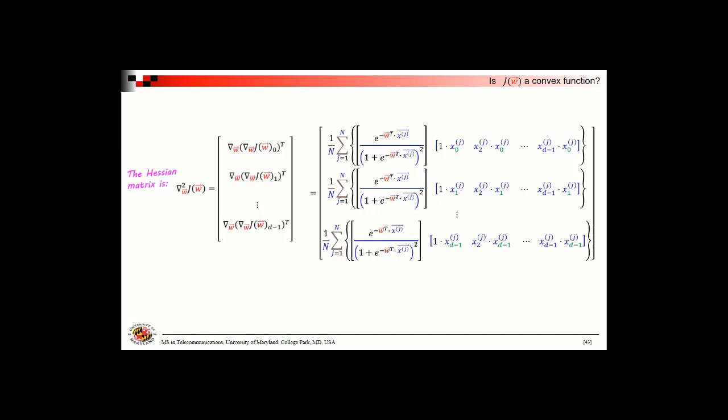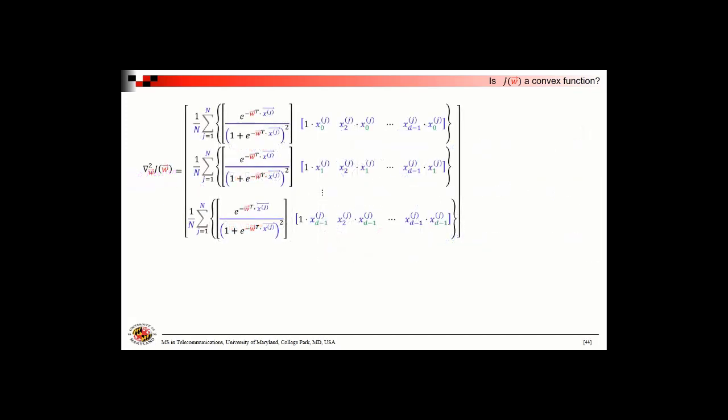This is what we have so far. So this is what we have for the Hessian matrix. Now keep in mind that that fraction, e to the minus w transpose x divided by 1 plus e to the minus w transpose x quantity squared, is a scalar, and it's the same scalar for each one of these vectors for each one of the rows.